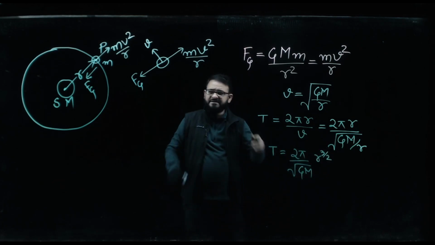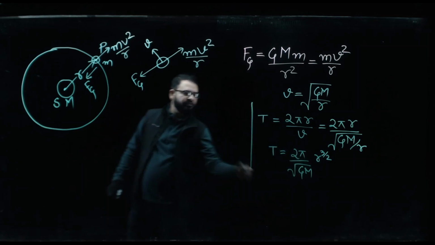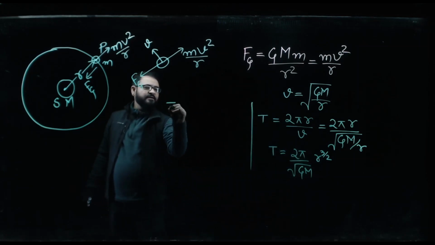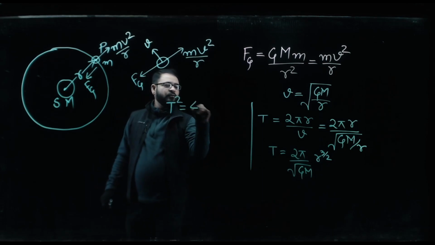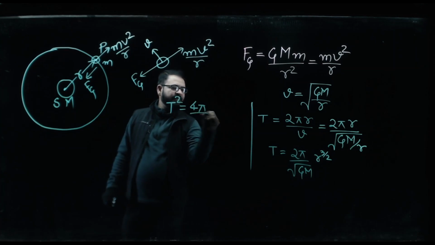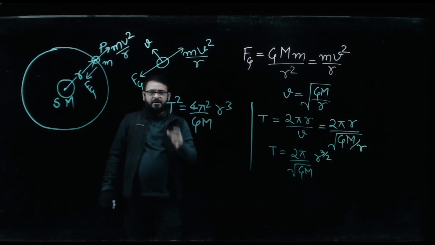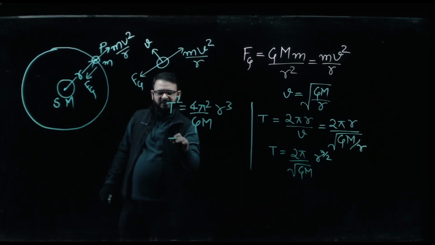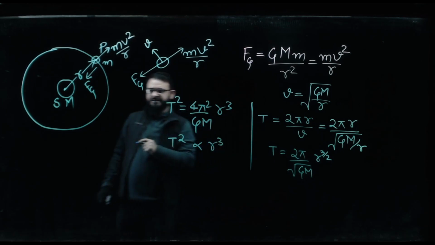If you take the square of this equation, I'm going to write it over here. The time period squared is going to be 4 pi square divided by GM, times r cube. So you can clearly see the time period squared is directly proportional to the cube of the radius.